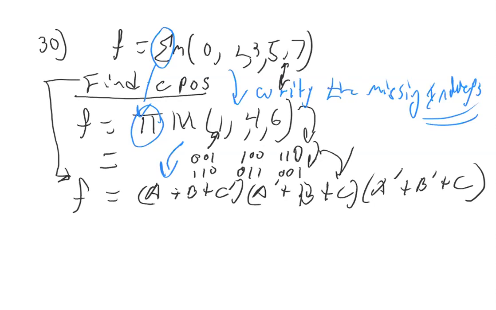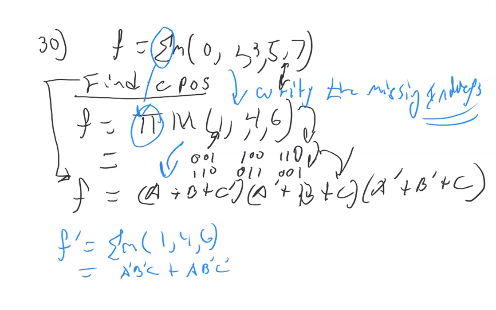If you did it that way, you could write f prime equals, in shorthand notation, 1, 4, 6. That's legit. And then you have A, B, C with A, B, C. And then F will be equal to all of the above inverted.